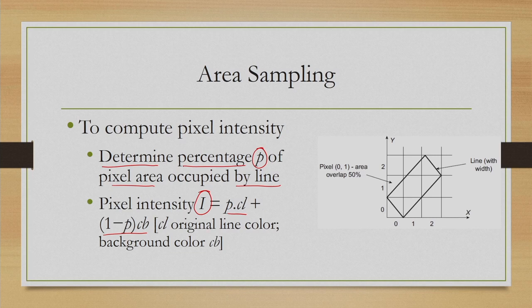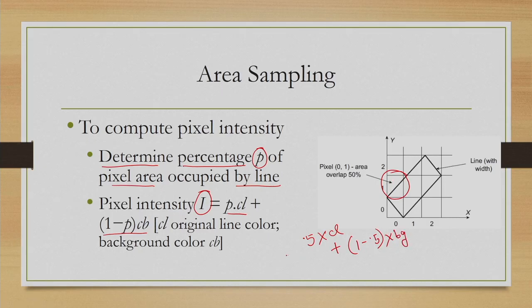So, to compute the intensity of a pixel, say for example, here this is pixel 01. Here you can see that the line covers 50% of the pixel area, or 0.5, times the line color, let us call it CL, plus 1 minus 0.5 times whatever the background color is.